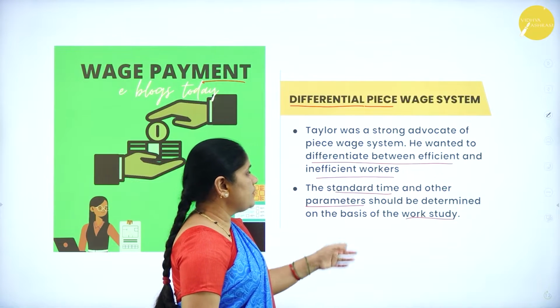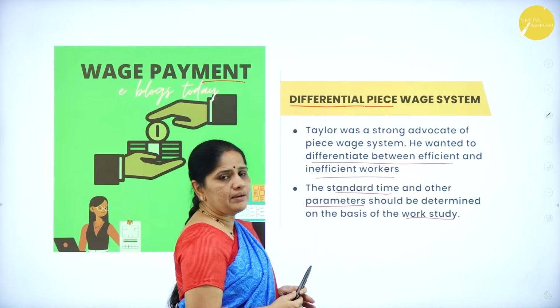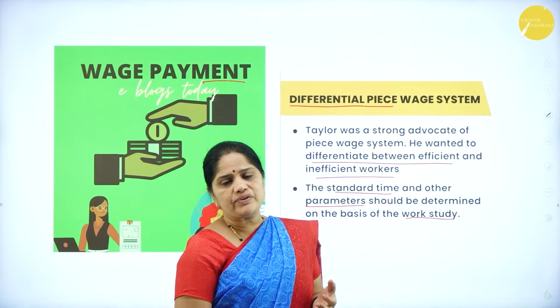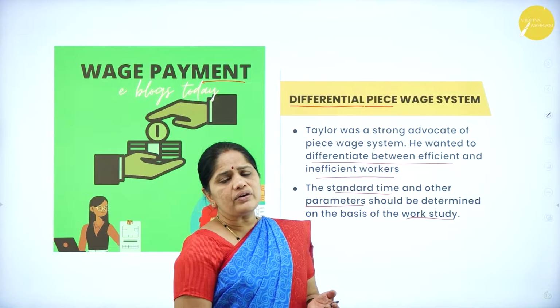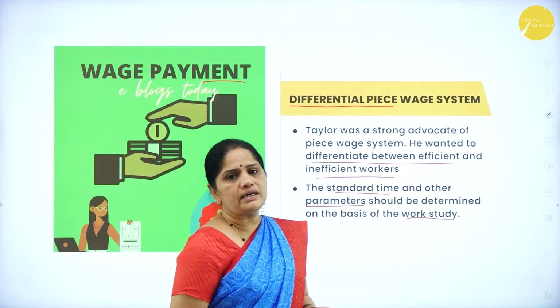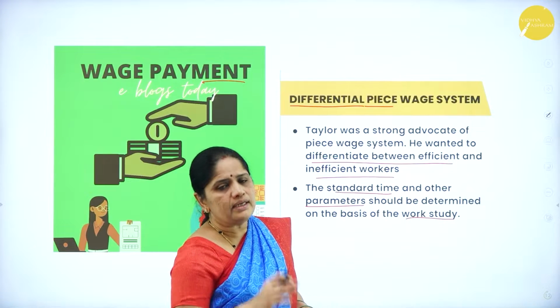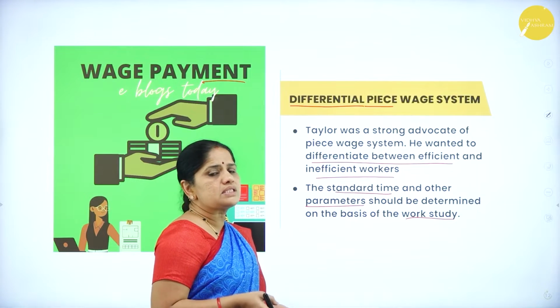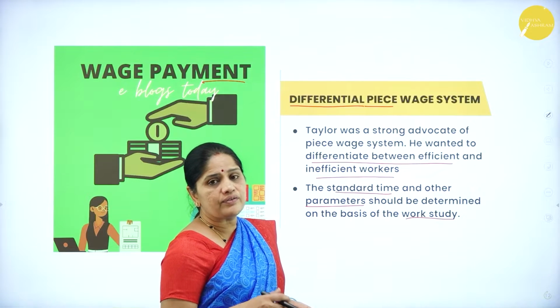After all this, we fix the standard time for each job, and then we have the other parameters like the different methods we are using for the job and the motion studies. So, when you have given everything to the worker, then he has to give the standard output only. If he is not able to give the standard output, then you fix a different wage scale depending on his output.